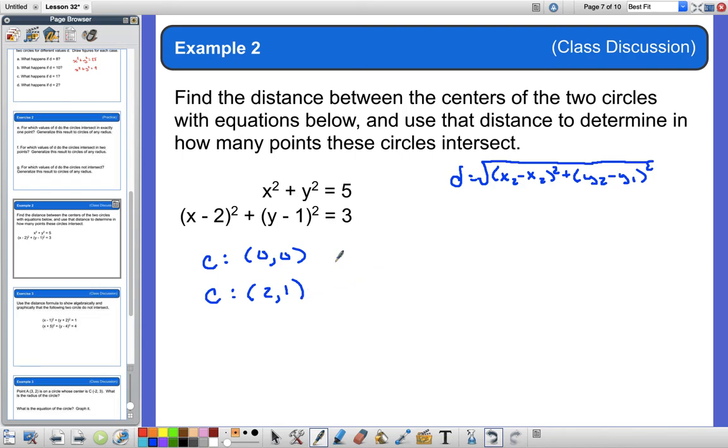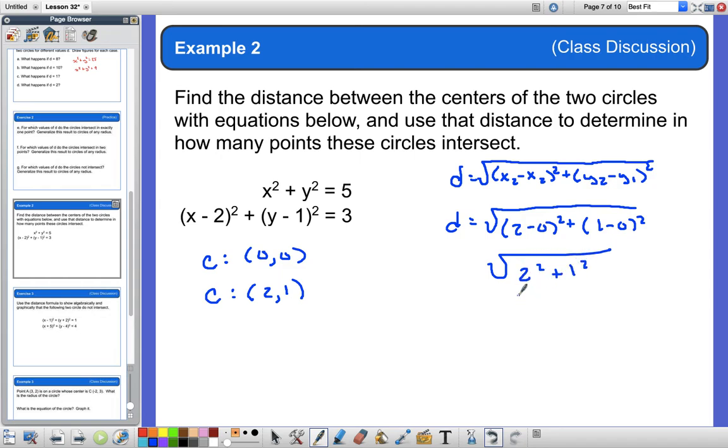So if I want to know the distance between the two centers, I could say distance equals the square root of 2 minus 0 squared plus 1 minus 0 squared. So you get 2 squared plus 1 squared, so 4 plus 1 with a radical, the square root of 5. That is the distance from center to center on the circles.